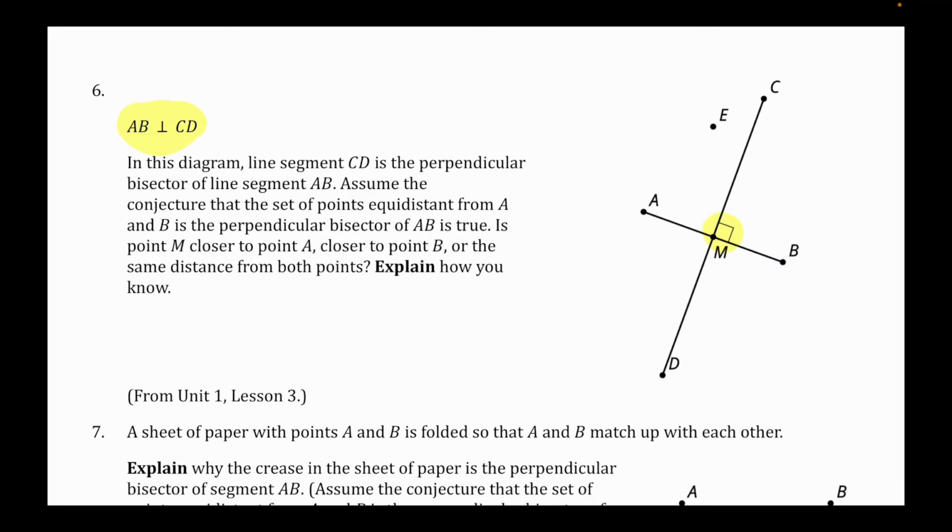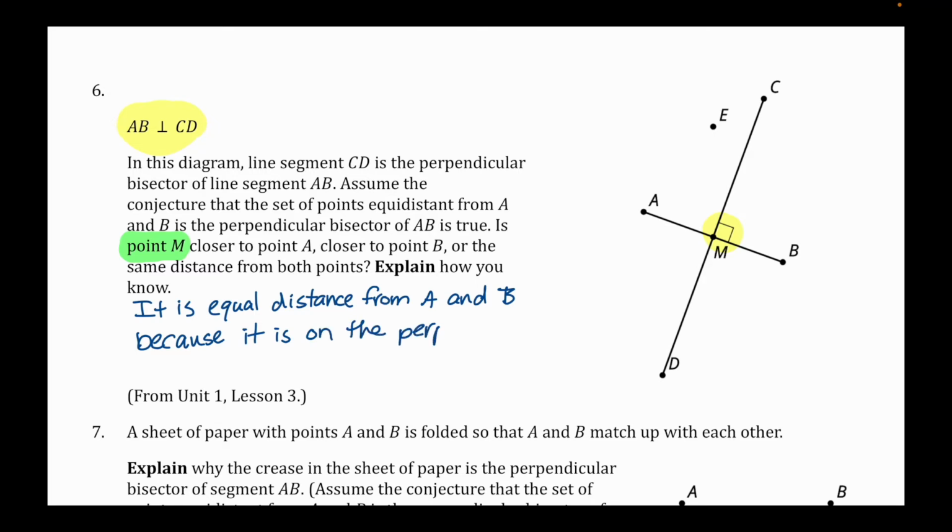Now they're being a little tricky here because they're saying point M and they have point E labeled here, but we have to read carefully, because if we answered with E, it would be closer to A, but M is actually on the perpendicular bisector, so we would say it is an equal distance from A and B because it is on the perpendicular bisector.